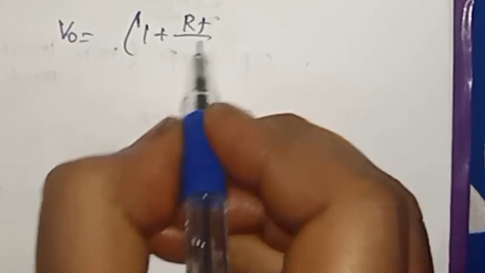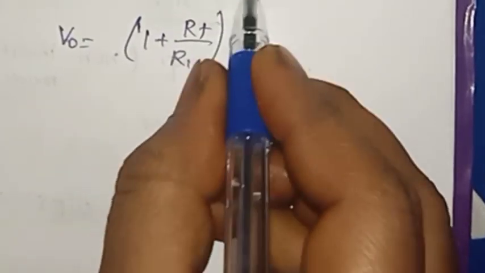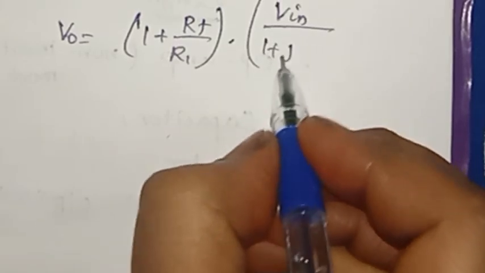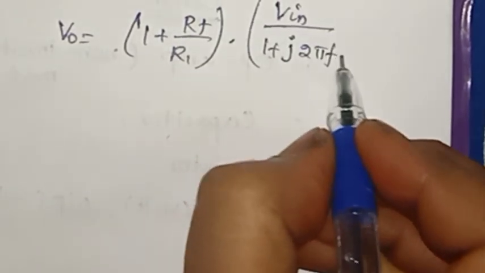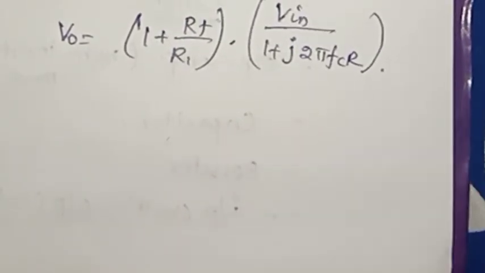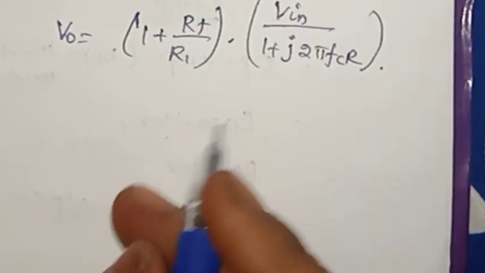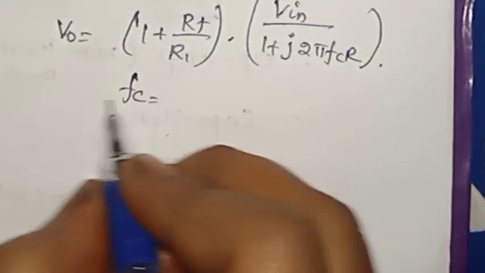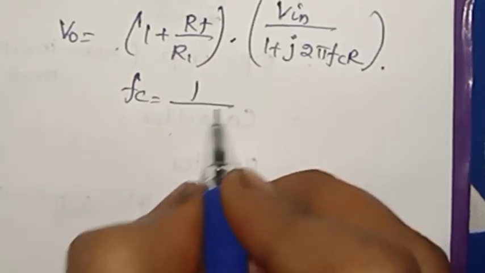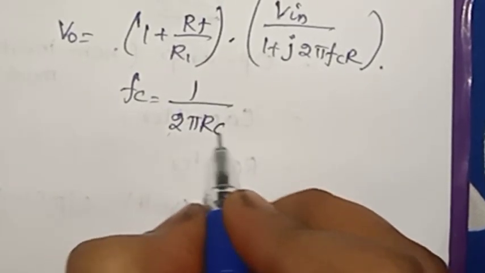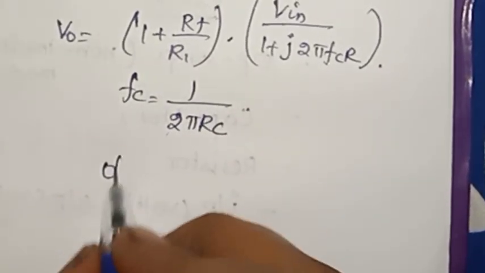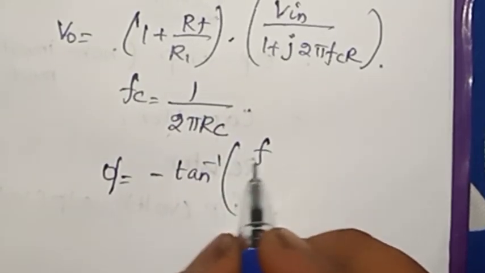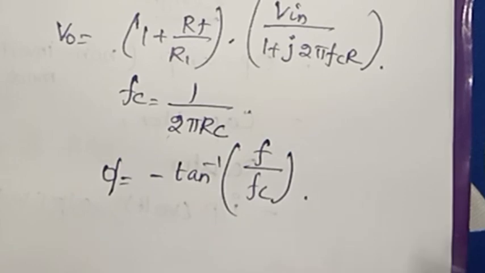That is, V0 is equal to 1 plus RF divided by R1 into VA, that is V in divided by 1 plus j 2 pi FC R. This is the output voltage V0. Again, we know the cutoff frequency FC is equal to 1 divided by 2 pi RC, and psi is equal to minus tan inverse of F divided by FC.